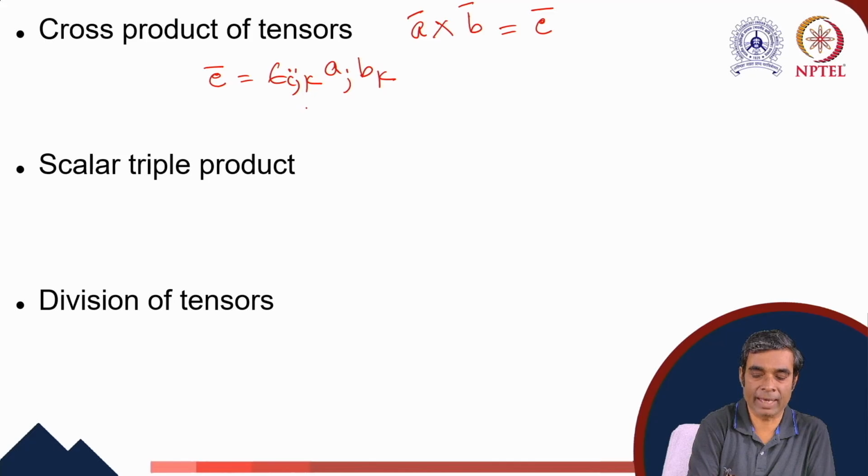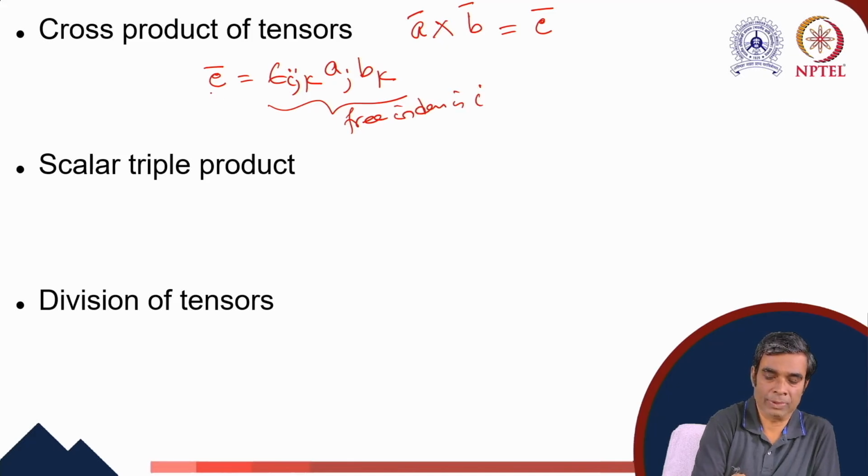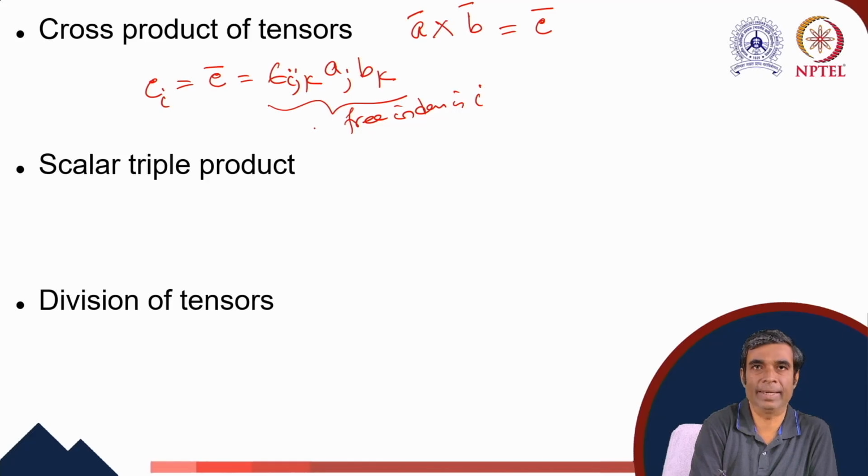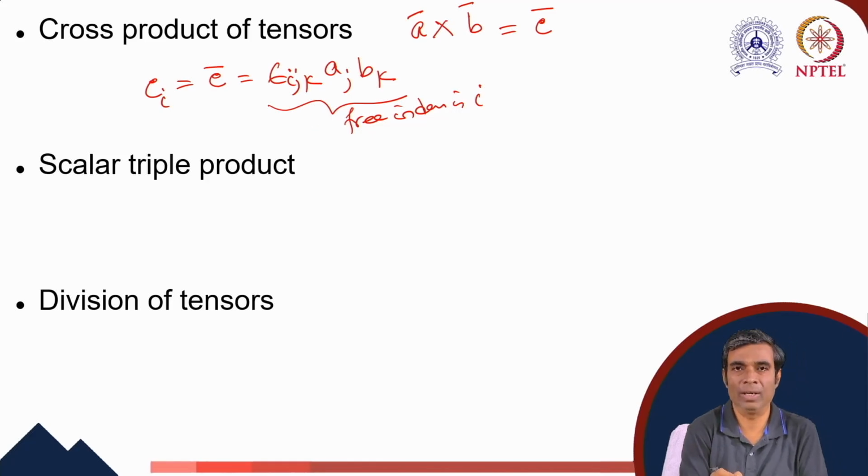It has indices ijk. In the right hand side, the remaining terms a_j b_k contain two indices j and k. So in the left hand side, the free index is i. So the vector C bar must have the index i.